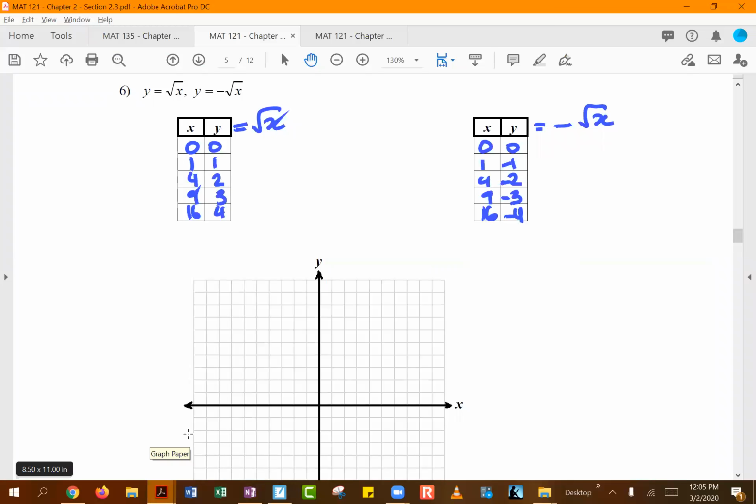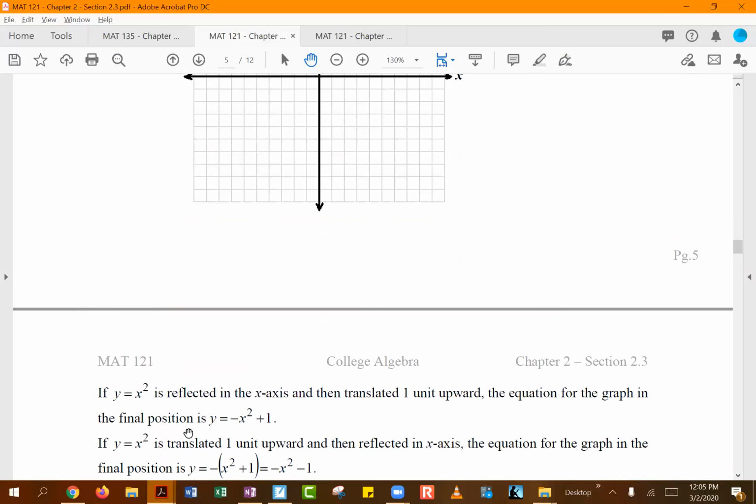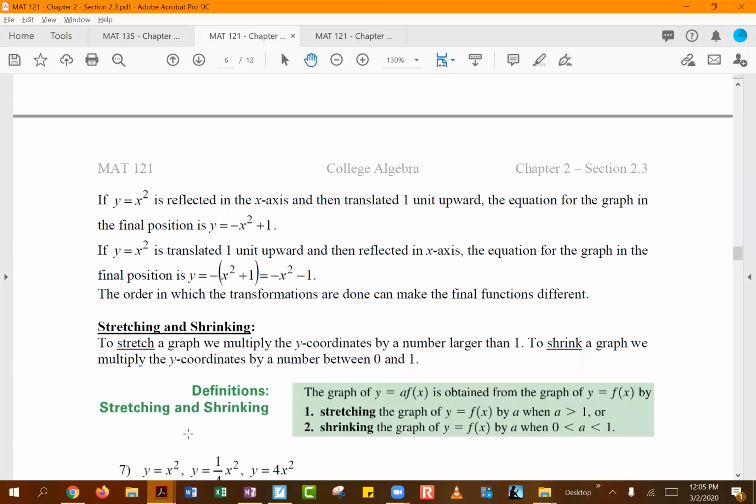We just basically picked it up, moved it up or down, left and right, or we reflected it. But the next set that we're going to look into is your stretching and shrinking. That means it's actually going to stretch and shrink your graph. So those are non-rigid transformations, which means the shape will be affected for your graph.